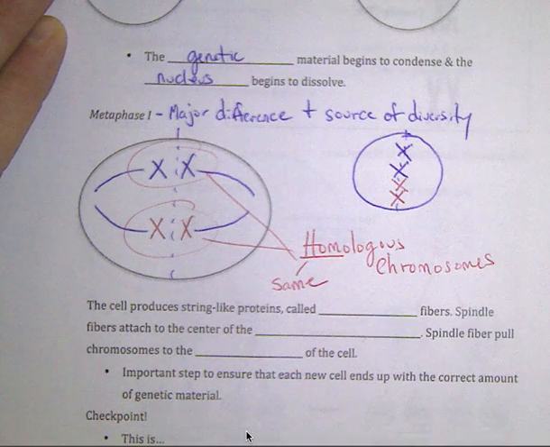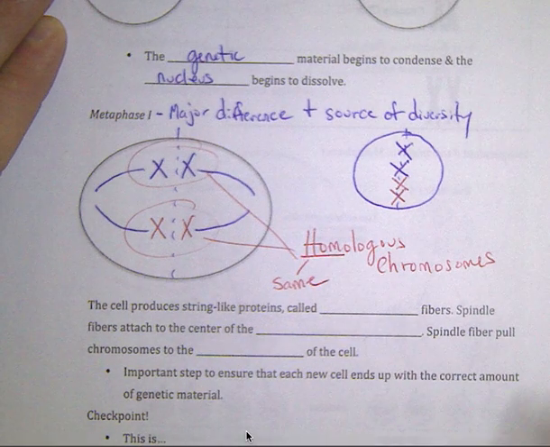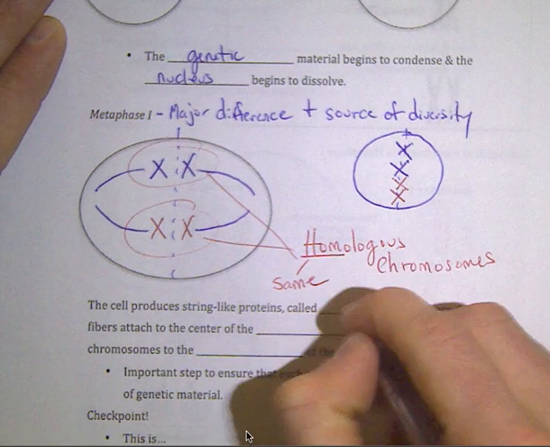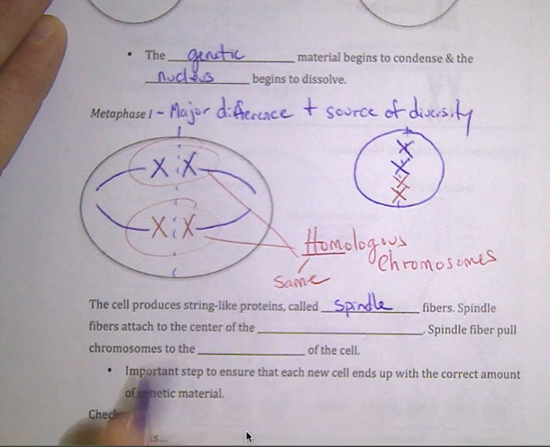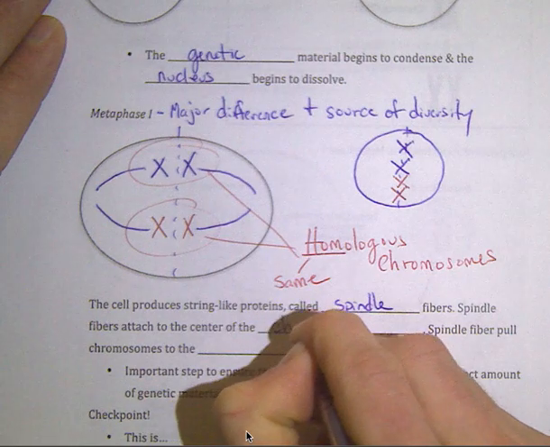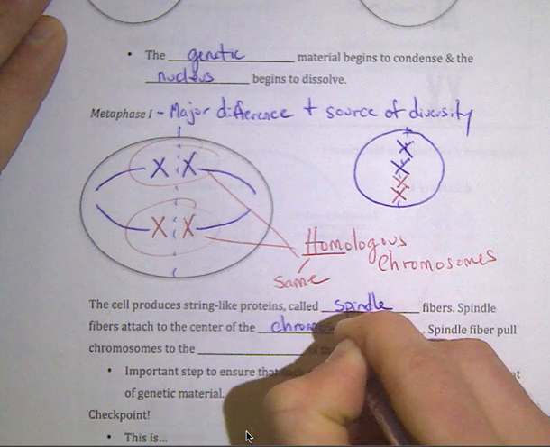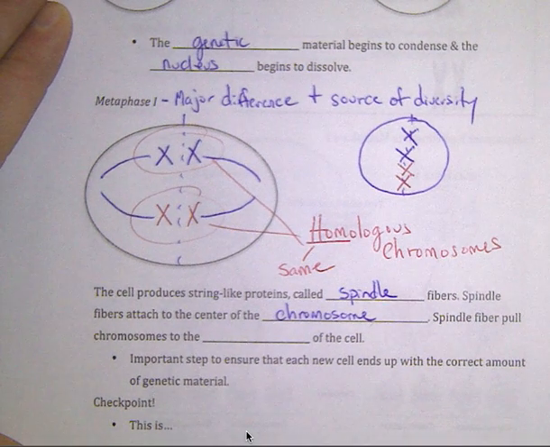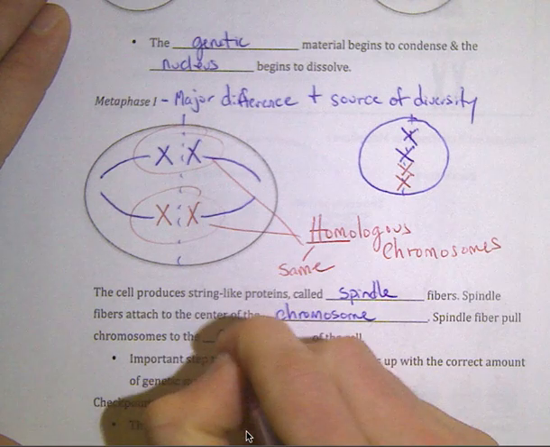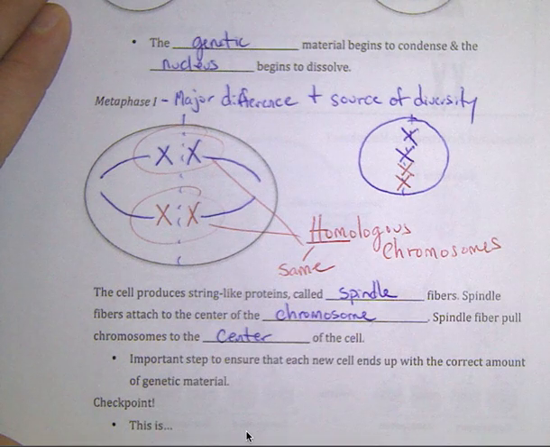The cell produces string-like proteins called spindle fibers. And the spindle fibers attach to the center of the chromosome, just like in metaphase of mitosis. And the spindle fibers pull the chromosome to the center of the cell.